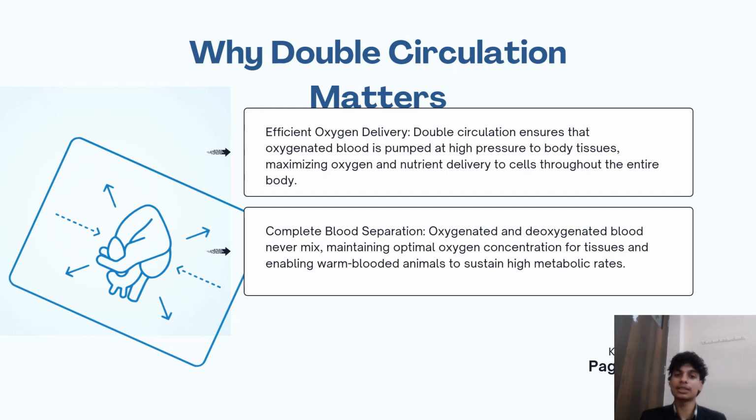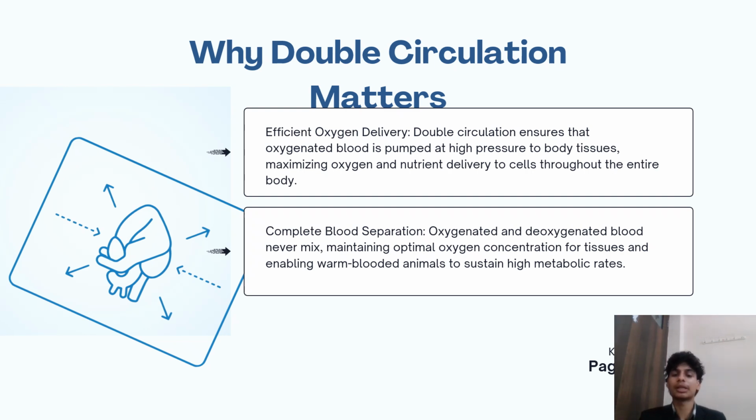And it also carries the nutrients, because we need energy. Double circulation ensures that oxygenated blood is pumped at high pressure to body tissues, maximizing oxygen and nutrient delivery to cells throughout the entire body.